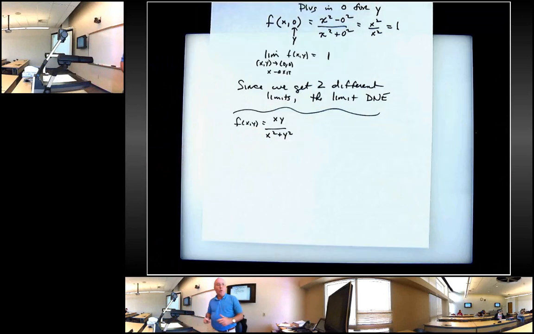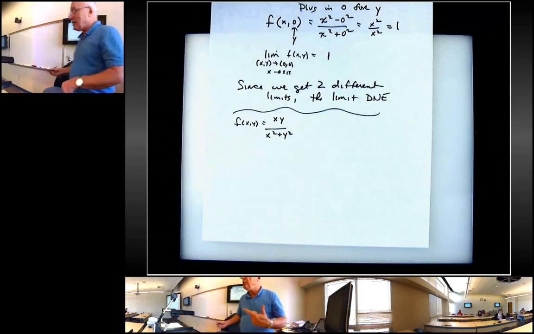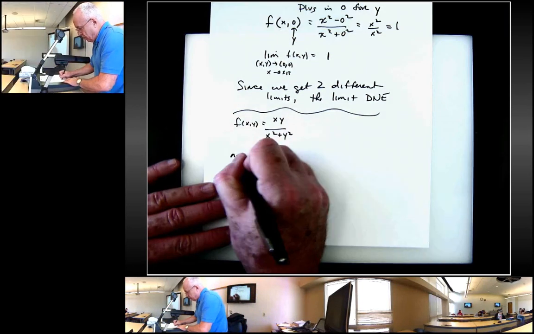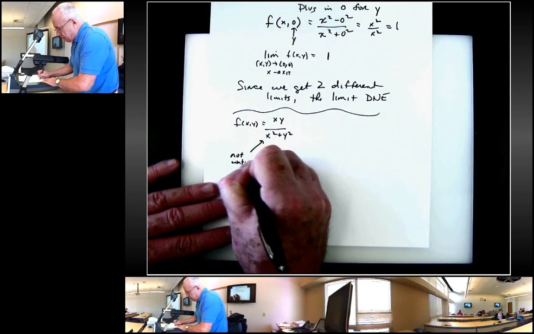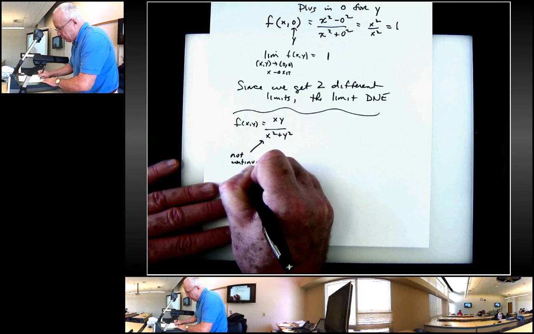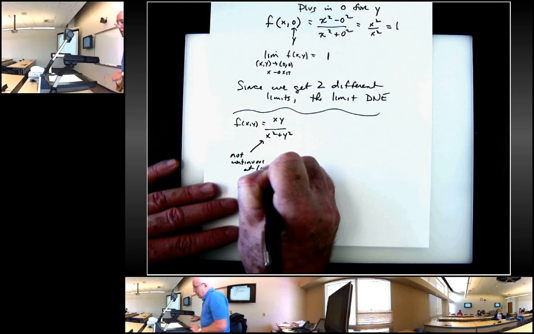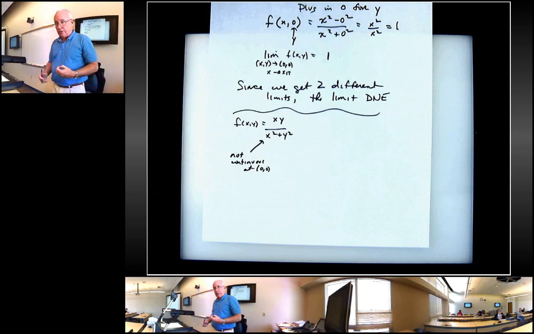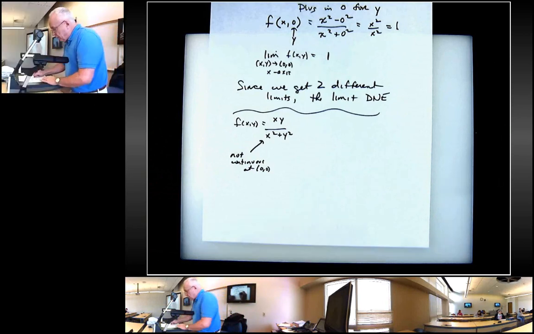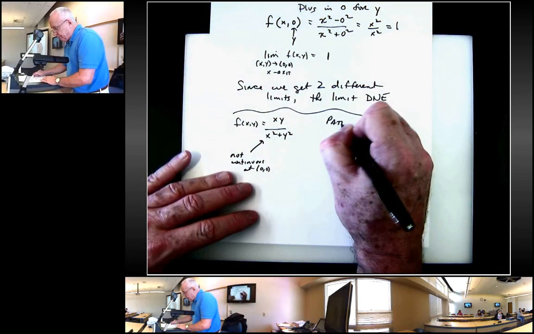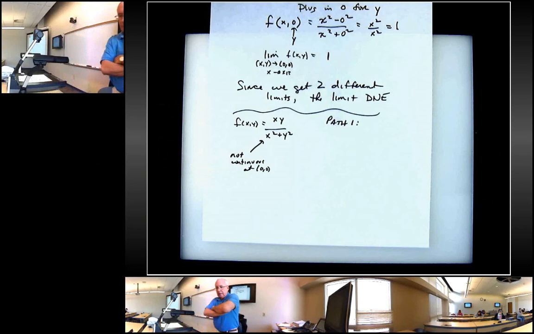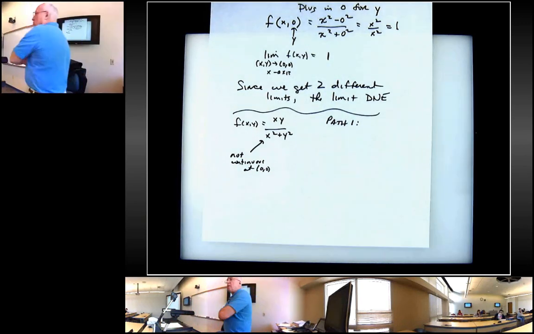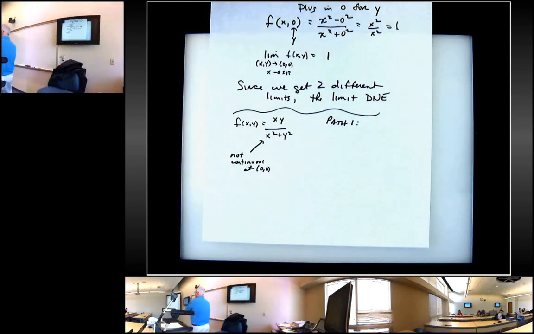All right, again, this function is not continuous at the origin 0, 0. And again, what we're wanting to do is show that the limit doesn't exist. So let's figure out two paths here. Now, what can we come up with for one path that might work?